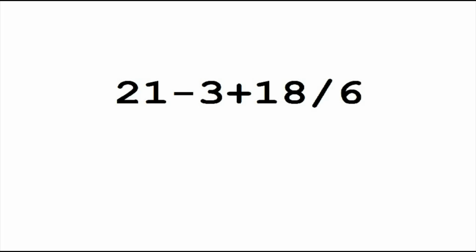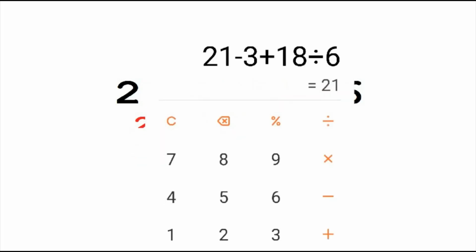If you go left to right to solve this, I will kill you. First we divide 18 by 6, which gives us 3. Next we ideally should add, but we can clearly see that 3 cancels itself out of the expression and we are left with 21. Now let us see what the calculator says. The calculator agrees.